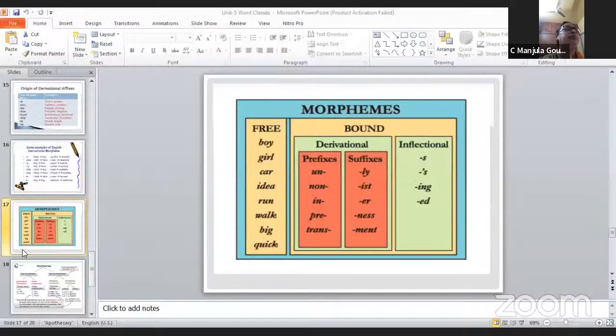So I'll just share one PPT slide so that you'll understand it better. You know now that the prefixes and the suffixes will help you form new words. When we are speaking about these affixes, we have -s, -ing and -ed over here, right?